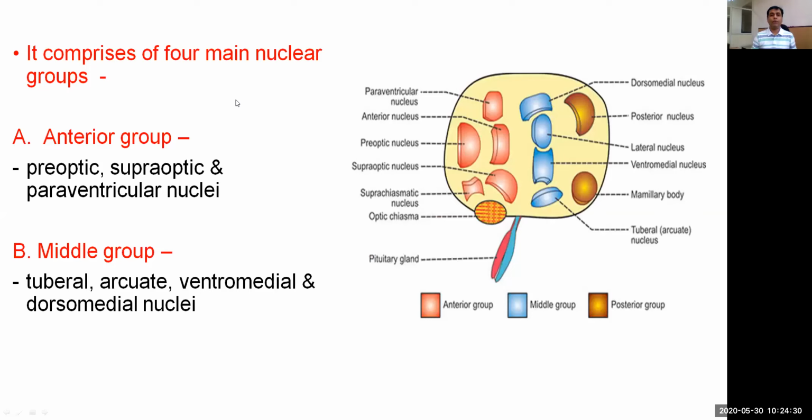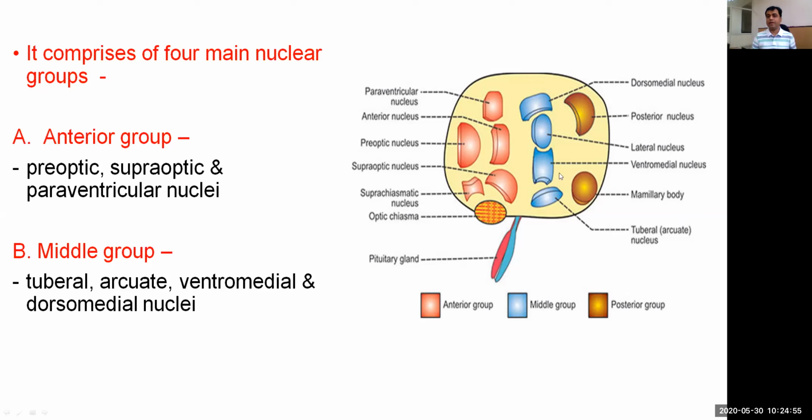It comprises mainly four nuclear groups: anterior, middle, posterior, and lateral. Anterior group: preoptic, supraoptic, and paraventricular nuclei. Middle group: tuberal, arcuate, ventromedial, and dorsomedial nuclei.